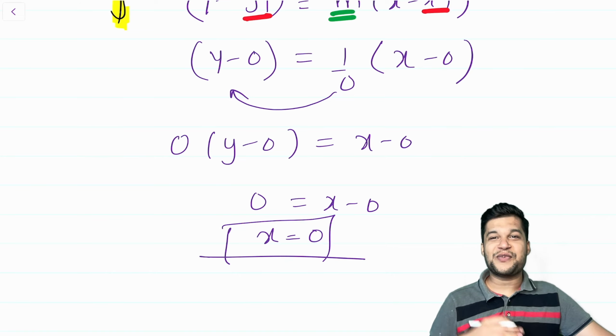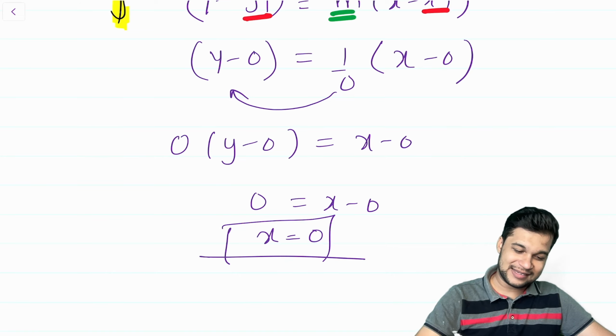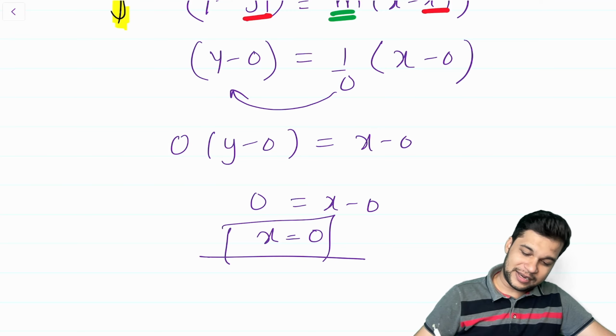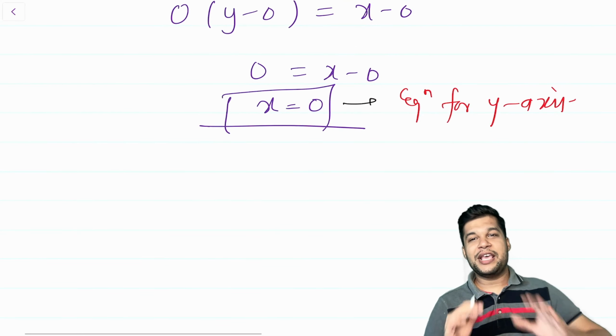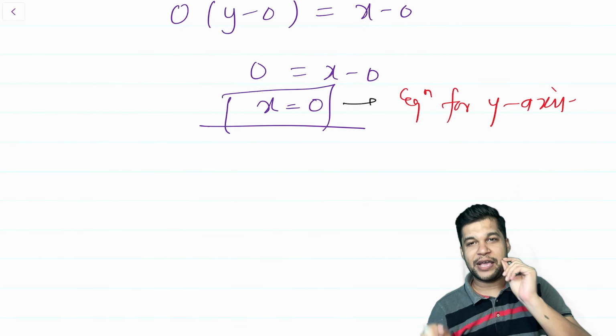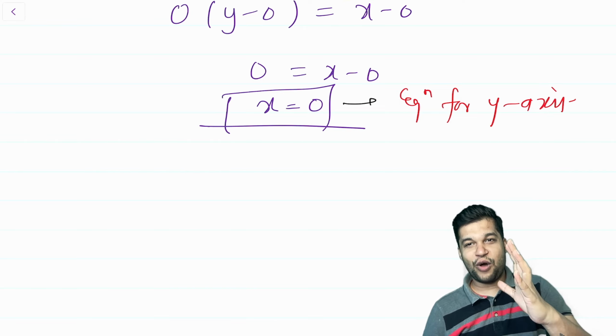So that's the equation for your y-axis. This is how you get the equation for the y-axis. So the equation of the x-axis is y equal to 0. The equation of the y-axis is x equal to 0.